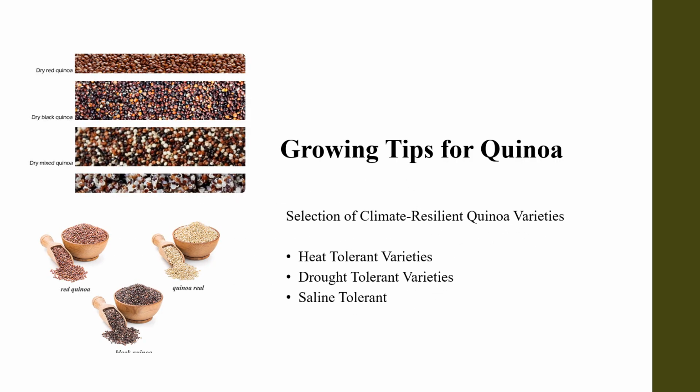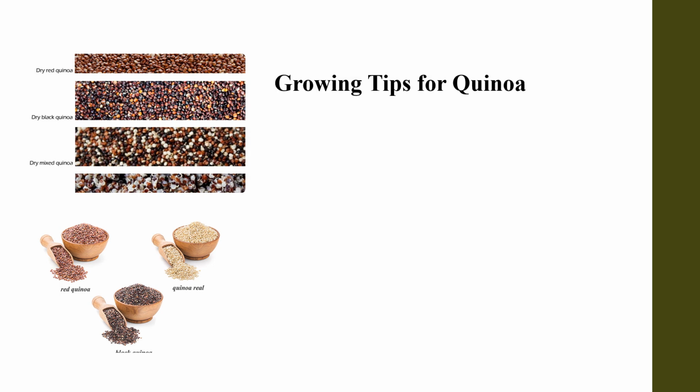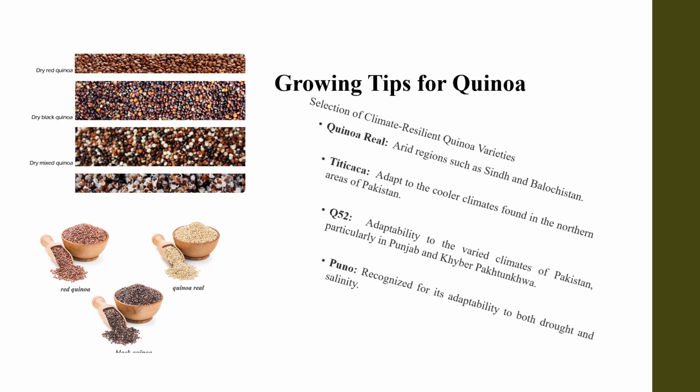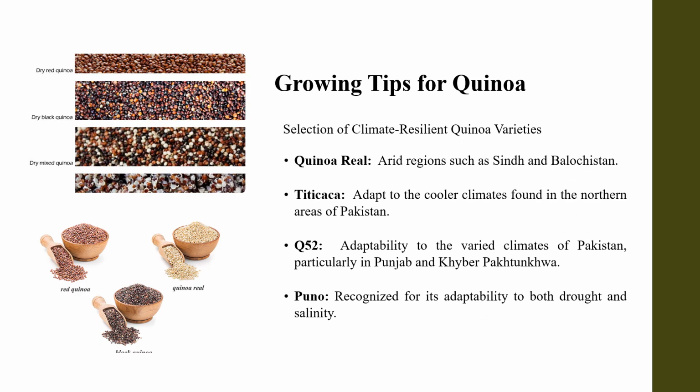So here are the growing tips for quinoa. Selection of climate resilient quinoa varieties: heat tolerant varieties, drought tolerant varieties, and saline tolerant varieties. Quinoa Real can be used in the arid regions of Sindh and Balochistan.